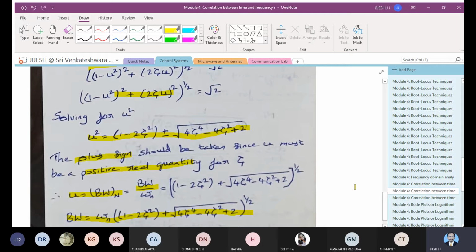Here we have already found the equation for M. We know the equation for the phase angle phi, and the equation for omega r. You also know the equation for Mr, and also we found the equation for the bandwidth. So these things you can note down.